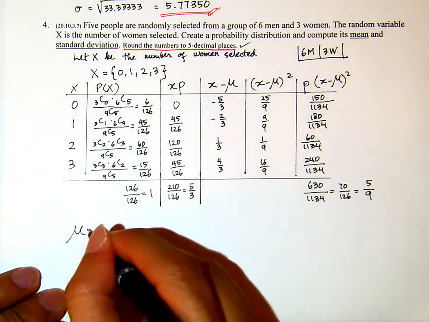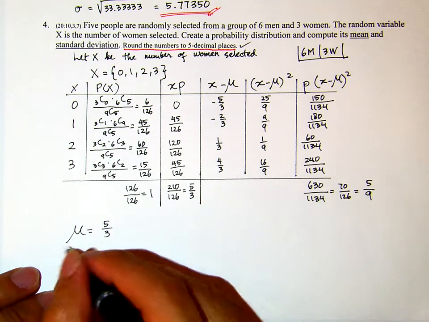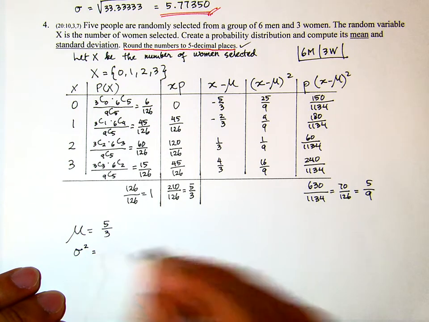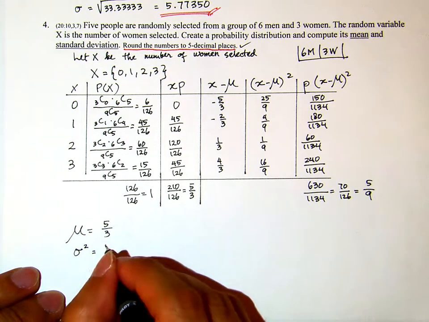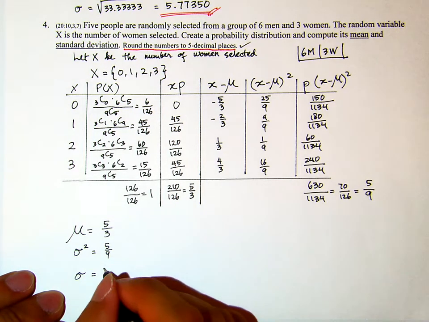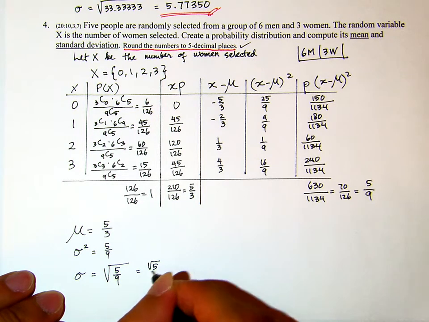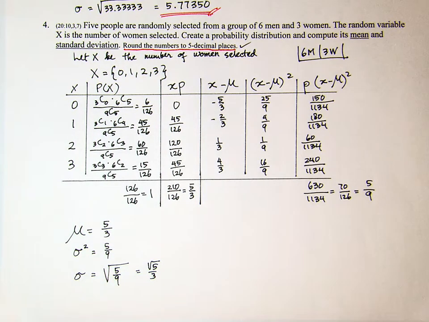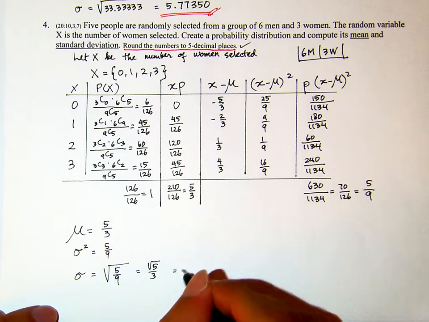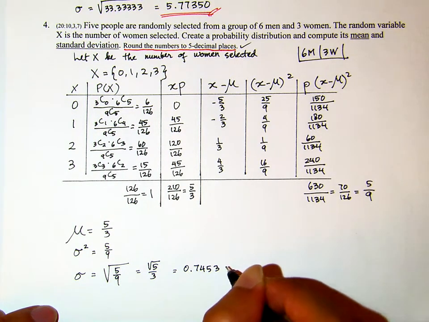Then the mu, as we have computed earlier, that's 5 over 3, right? And then the variance is 5 over 9. Therefore the standard deviation will be the square root of that, which is square root of 5 over 3. Okay, now I use calculator. Square root of 5 divided by 3 gives me 0.7453559.